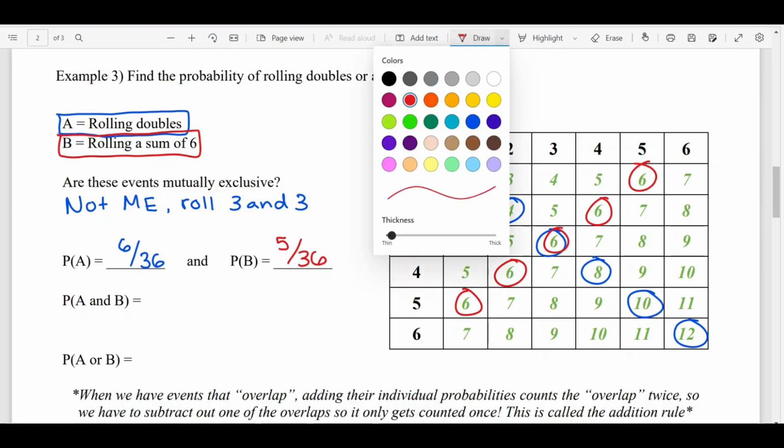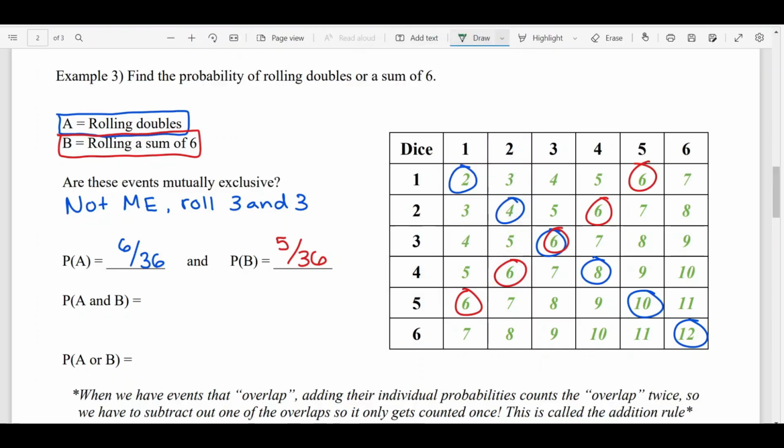Now, what's the probability that they occur together? Well, where they occur together, there's only one event where they occur together. So the probability of A and B, there's only one event out of 36 where they occur together. Okay, so this is the probability they occur together.